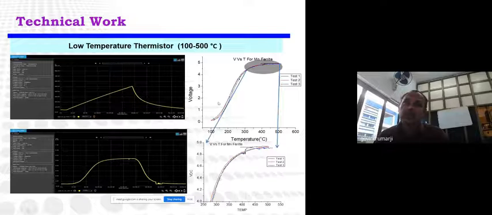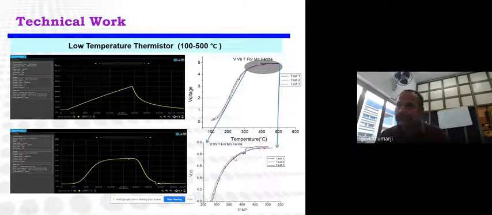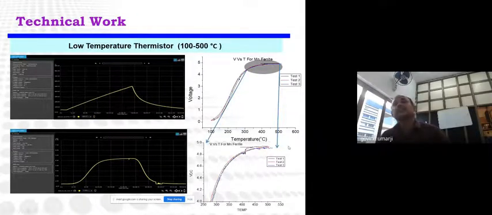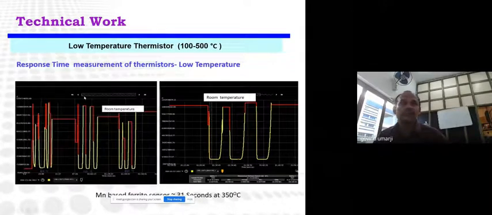So we have measured this value in terms of voltage, and some people will say, oh, this gets saturated at high temperature, but when we zoom in on that particular range, we found it's not saturated, it's changing the resistance value. And based on that, we again measure its response time.